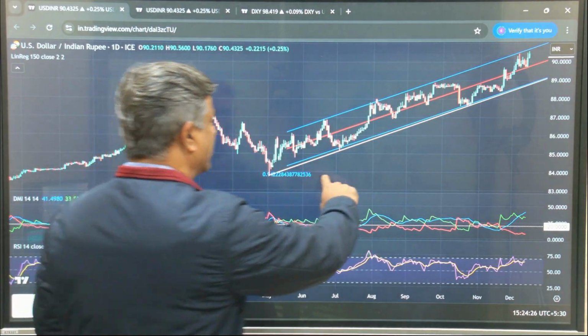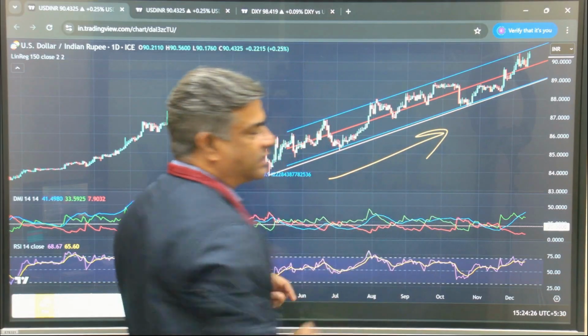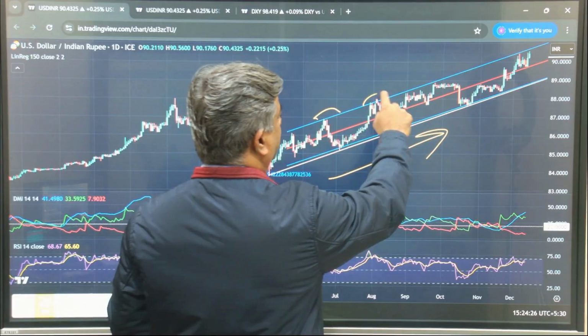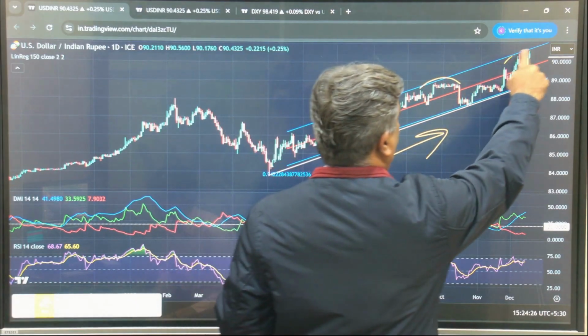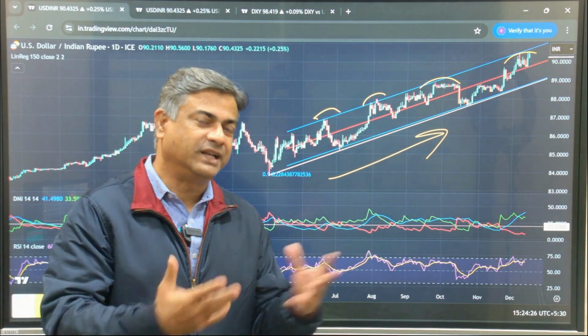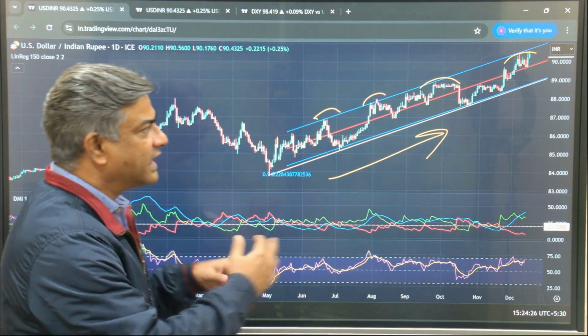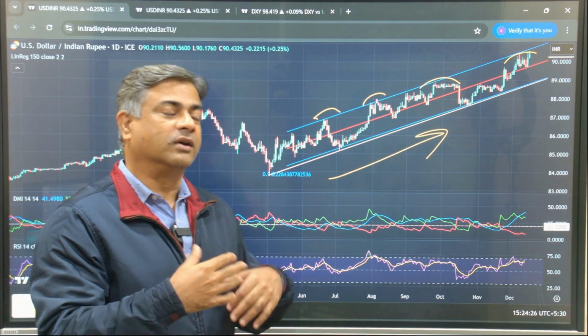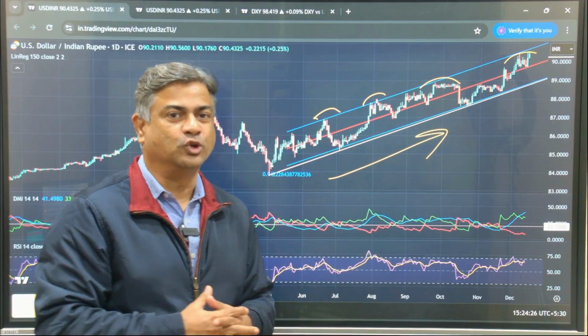So we have a very clear-cut uptrend in dollar, downtrend in rupee. We are seeing higher highs getting created, okay, and now rupee is very close to the all time lows at around 90.56, and every week, every month the rupee is declining to a new low.